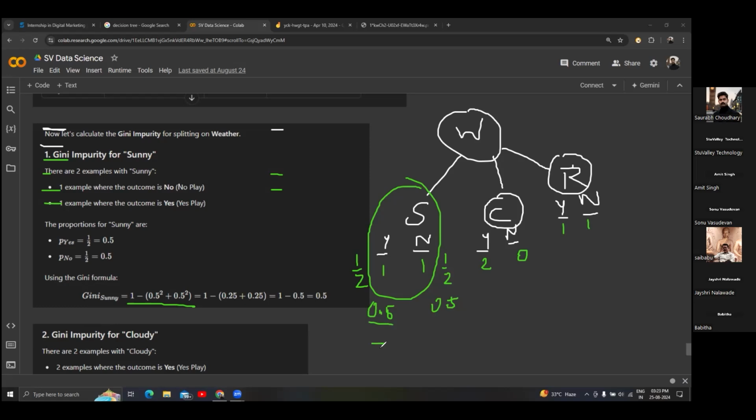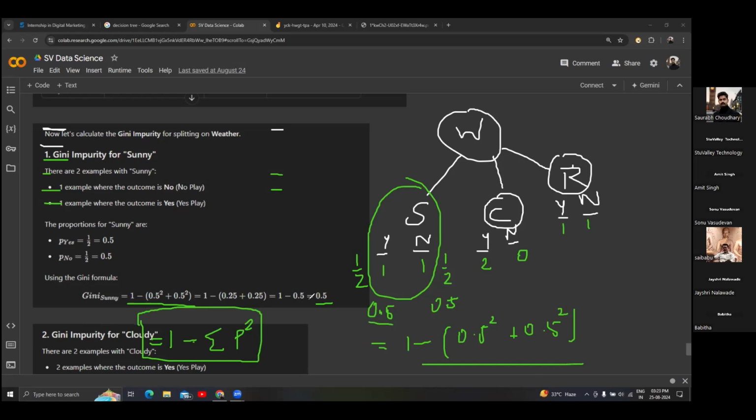Apply the formula, so it will be 1 minus the square of this, because the formula of Gini impurity is 1 minus p square. This is how we do this. So we do this and we find out the Gini impurity of the whole sunny is 0.5.